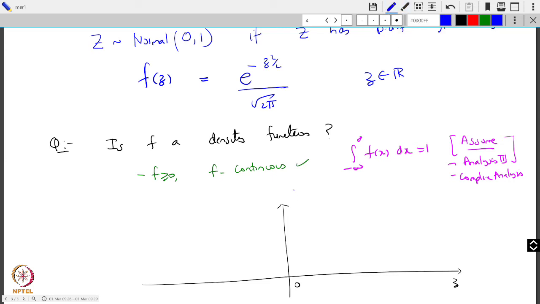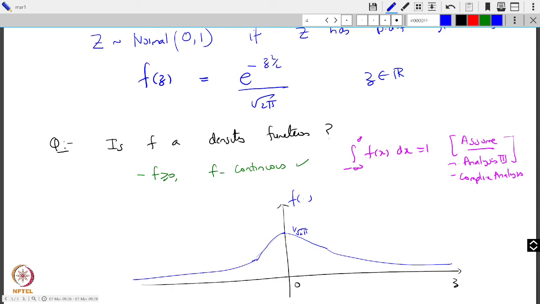At 0, it's the highest, it's 1 over square root 2 pi. Other than 0, it decays. First it is concave down up to some point, and you can find the point at which it turns direction, and then it decays like this. That's how the function will look.